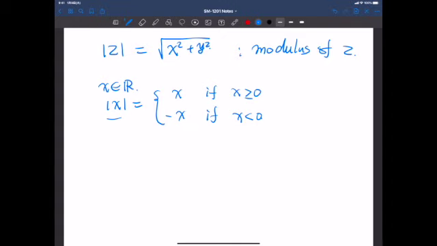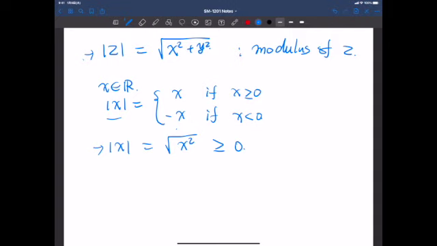But the same thing can be defined in another way. We could write the same thing as the square root of x squared, which is of course greater than or equal to 0. So we can see that this modulus of a complex number is an extension of the modulus of a real number.